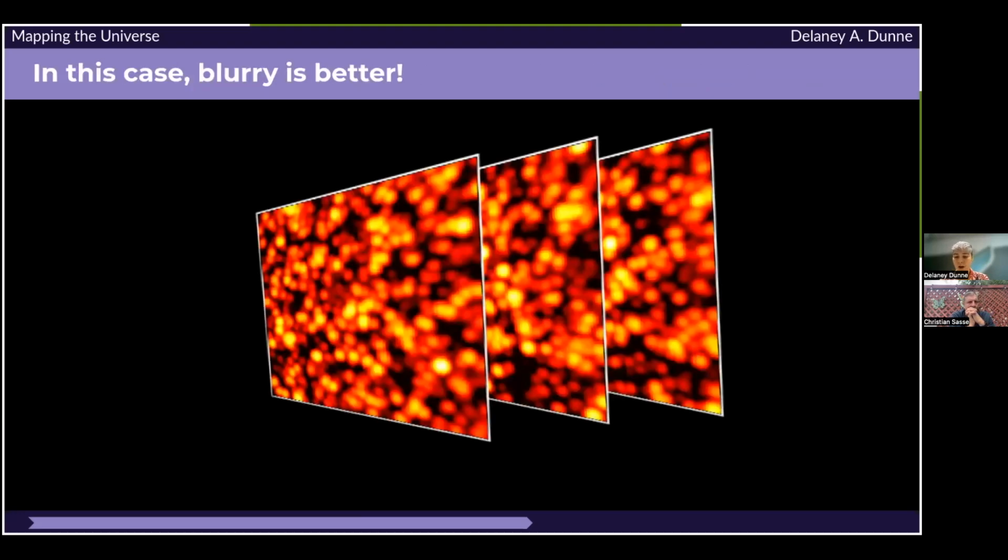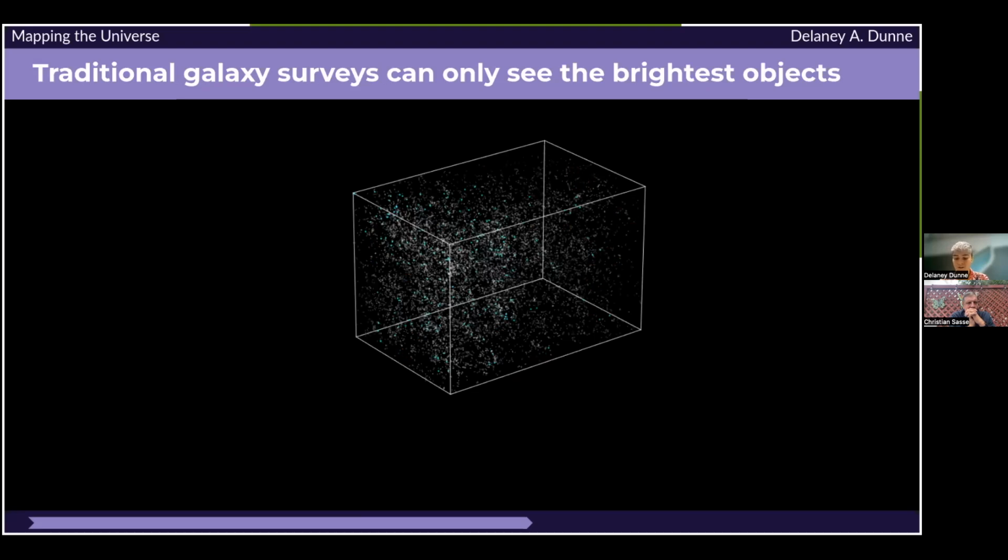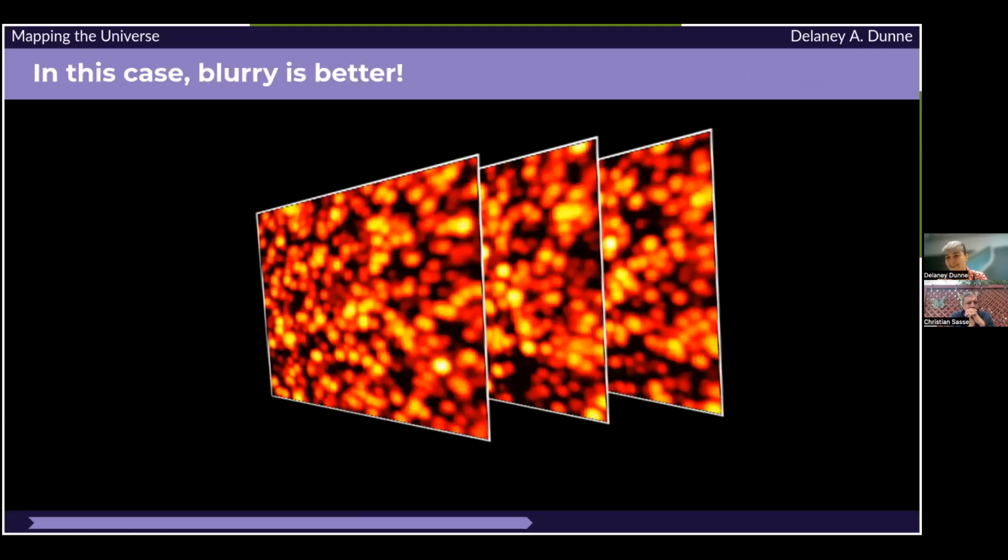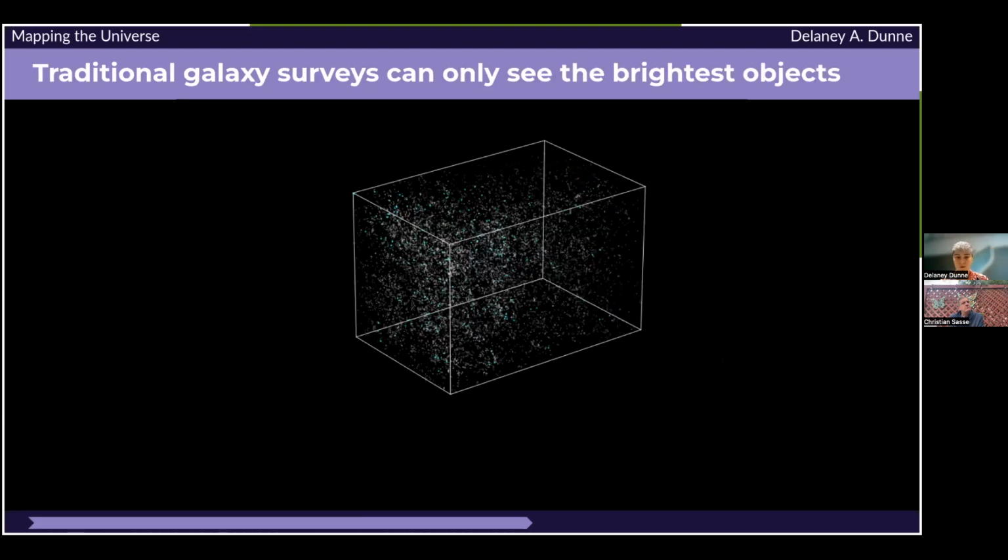And so the strategy for that is actually to take a blurry picture on purpose of the universe. So what we do is we deliberately have a telescope with a fairly poor resolution, and we look at the universe. We scan over a big region of the universe, looking at these galaxies that are here.